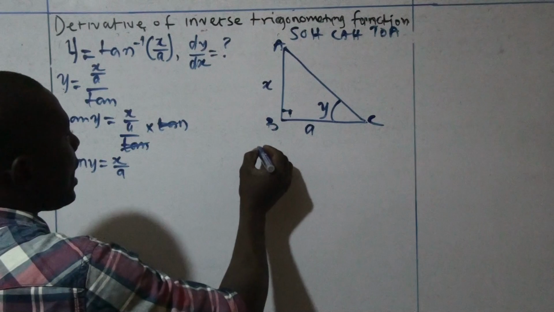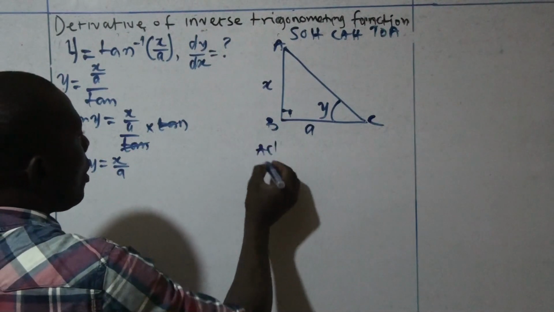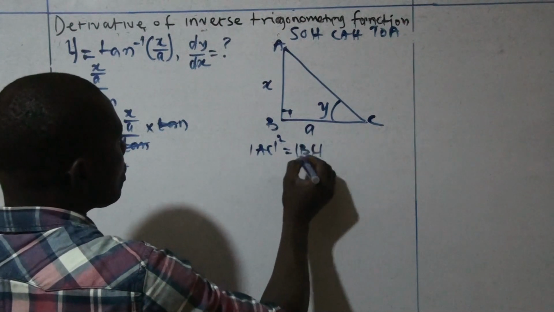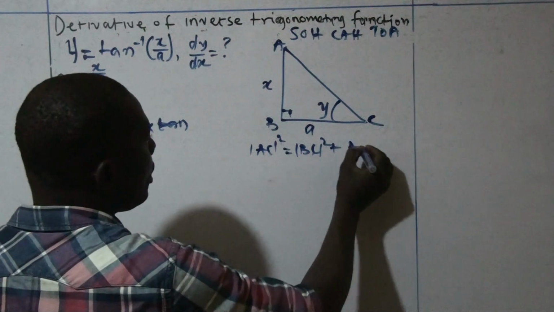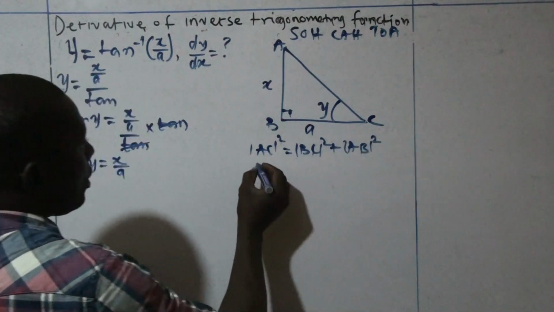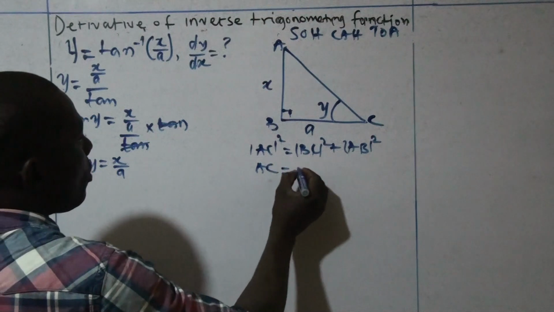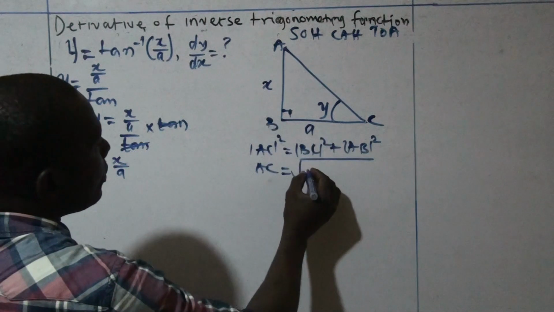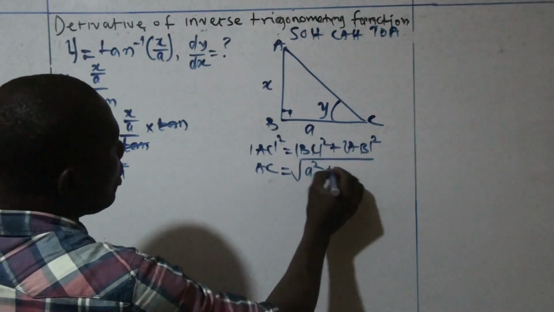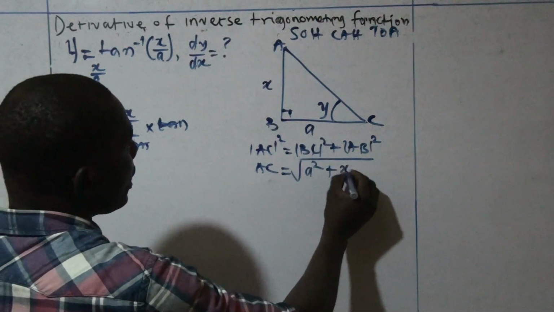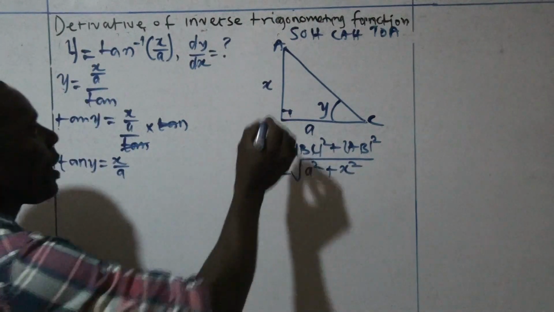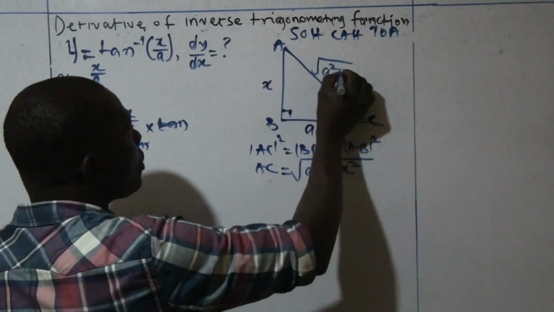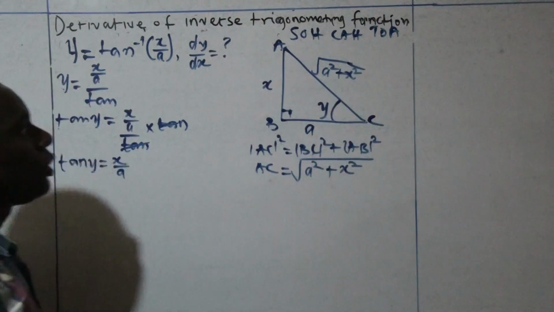AC squared is equal to BC squared plus AB squared. So AC will become the square root of a squared plus x squared.